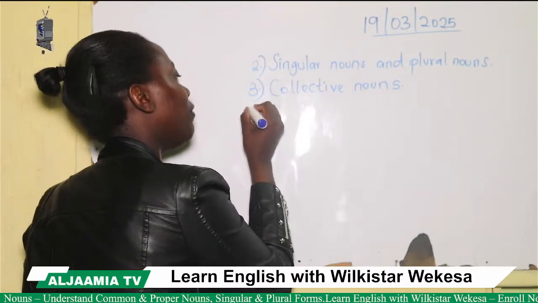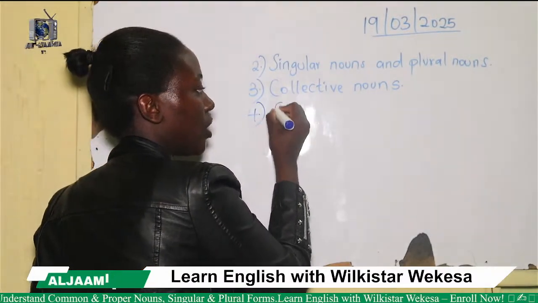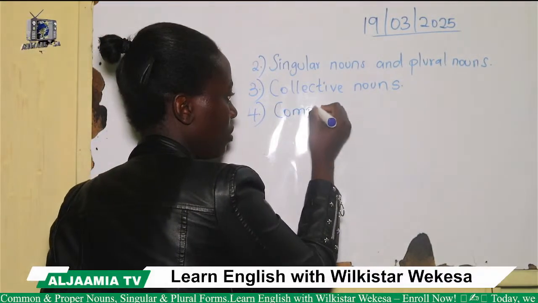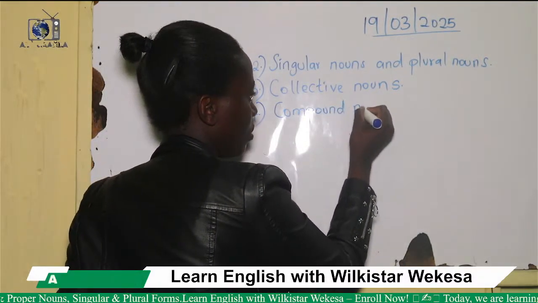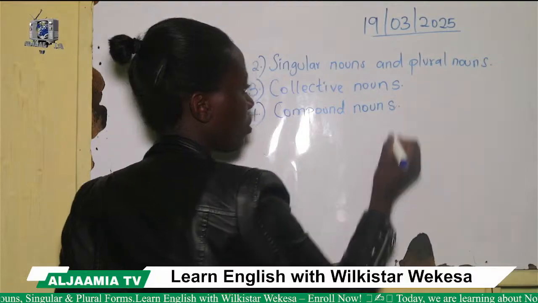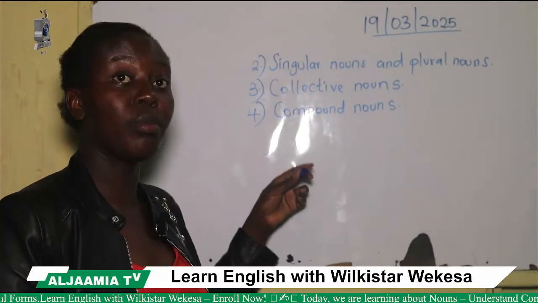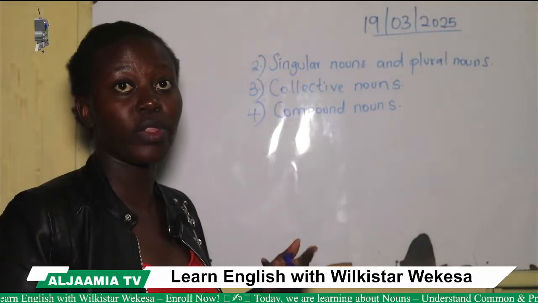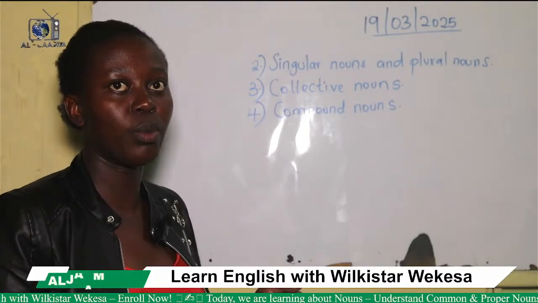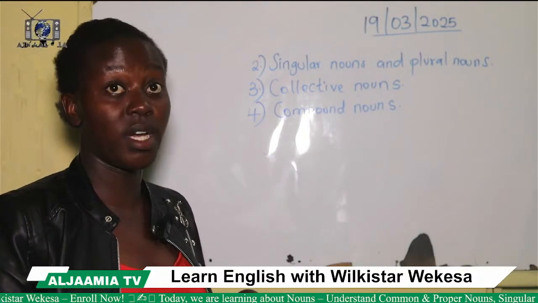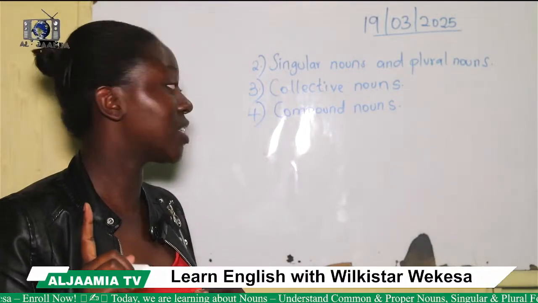And now number 4, we have something called compound nouns. Compound means 2 or more. Compound means you are combining maybe 2 things or more than 2 things, like 2 or 3. You are combining them together, maybe some words, to form a single meaning.